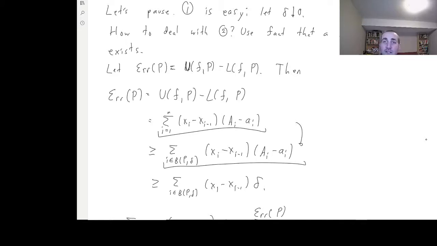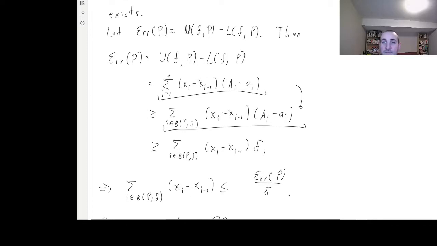So I get this inequality: the sum from i equals 1 to n of some terms is bigger than or equal to the sum for i in B(p, delta). And then since I'm only looking at B(p, delta), I can replace capital A_i minus lowercase a_i with just delta. It's the definition of B(p, delta), right? That A_i minus little a_i is bigger than or equal to delta.